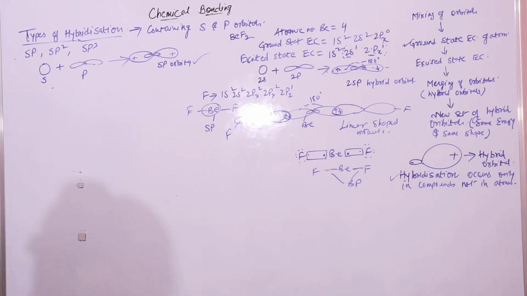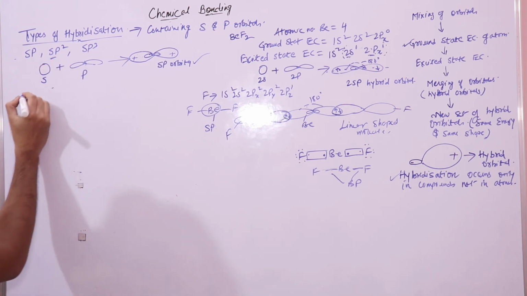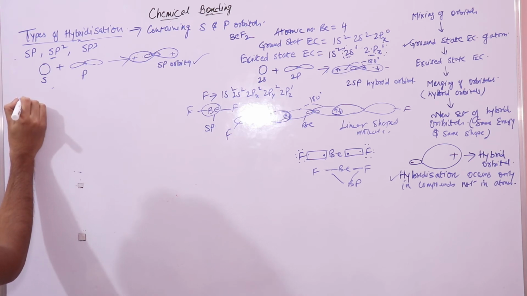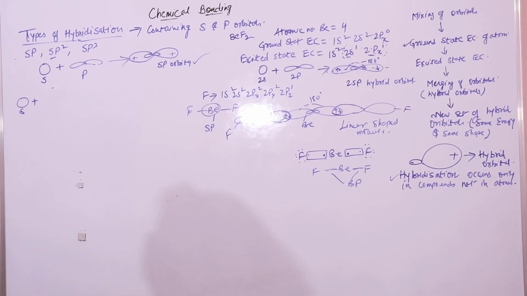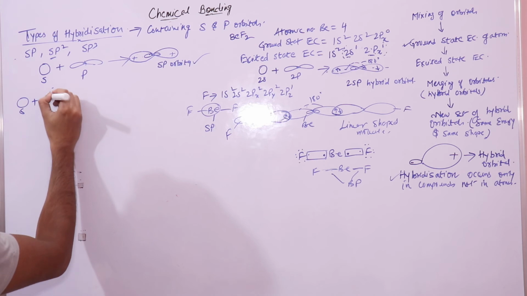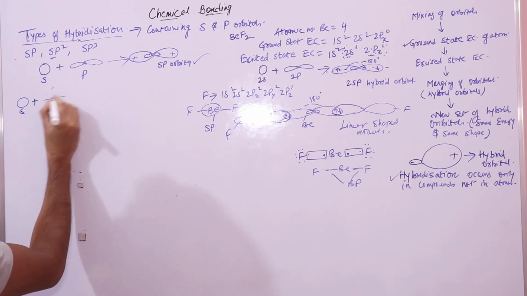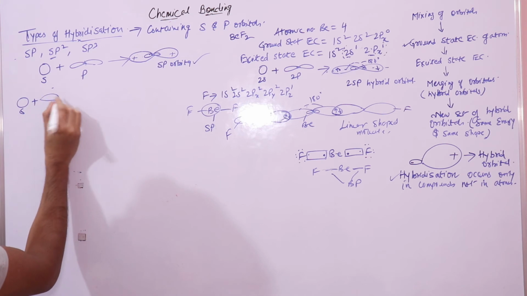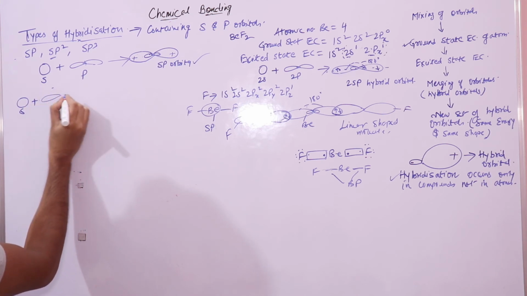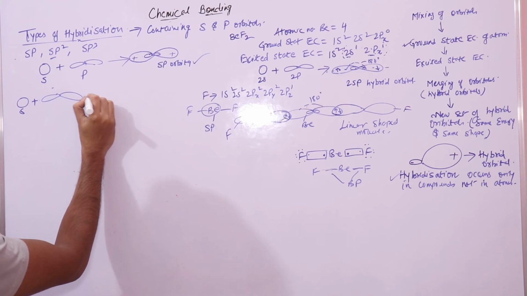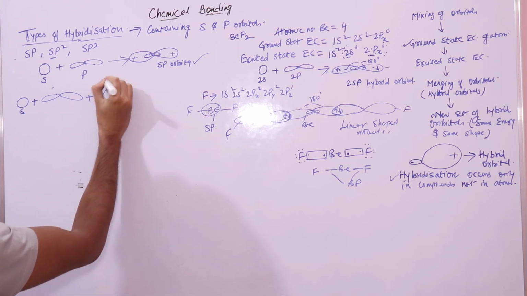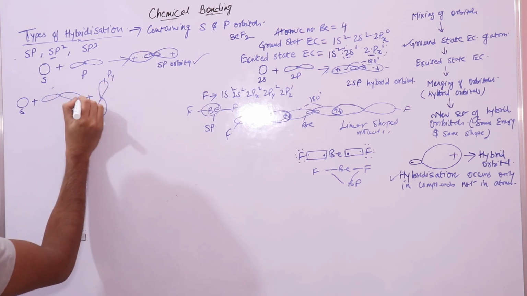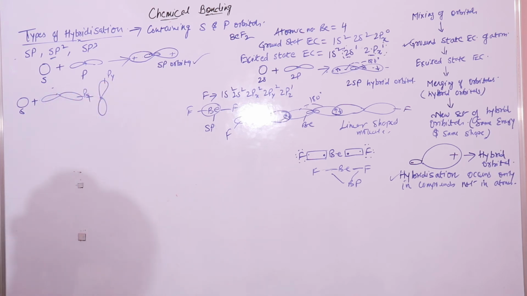Now let's look at the other example, sp2. Here 1s and your 2p orbitals will mix and merge, right? 1s and 2p orbitals, it's like this, will mix and merge to give you 3 hybrid orbitals. Maybe this is, say, py and this is your px, right?